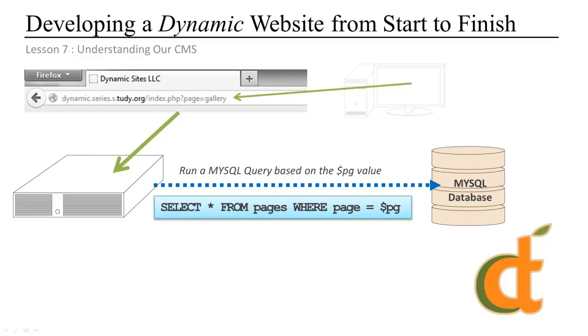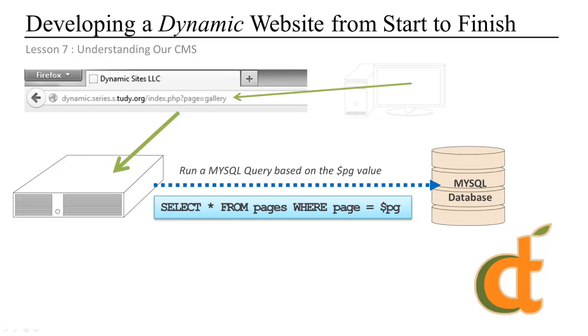We're going to take that information to the server and run a query, which is there in the blue box. It's an example of a query. In that example, we are basically saying select all records from the pages table where page equals whatever the value of PG is. That's going to return a result.